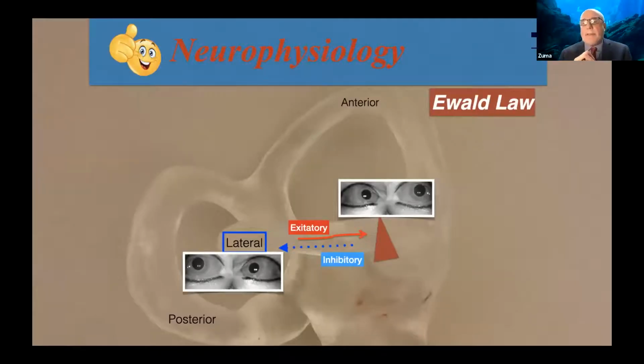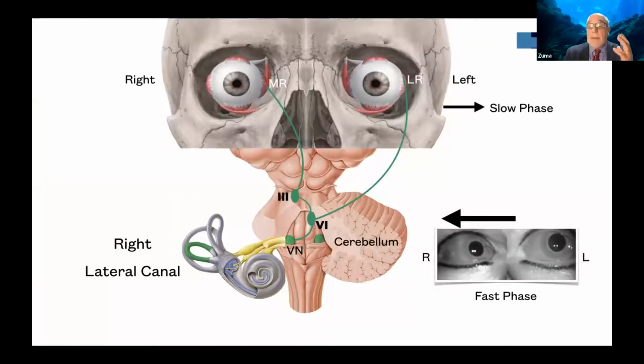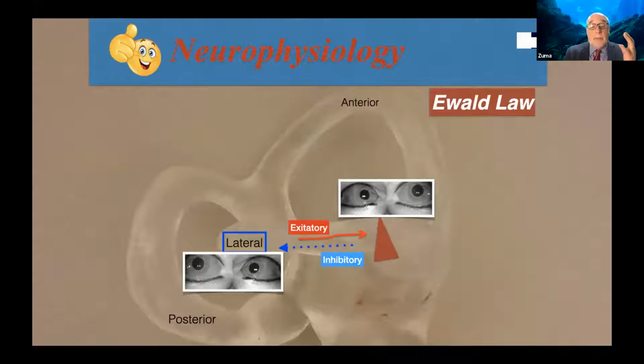Another important reminder is Ewald's law. Whenever we have a flow going to the cupula in the lateral canal, we have an excitatory stimulus, with more intense nystagmus. And on the contrary, an inhibitory flow means less intense nystagmus.